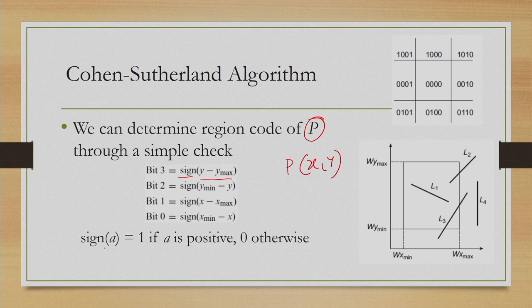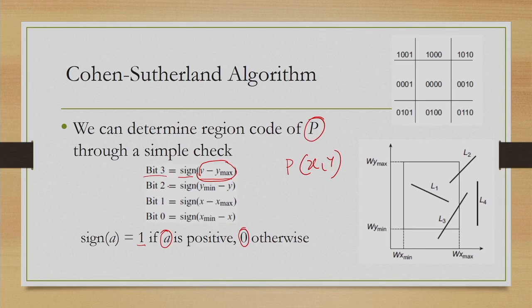The sign of this quantity will give us a result 1 if this quantity is positive, otherwise it is 0 in case of negative. We do that for each bit position.